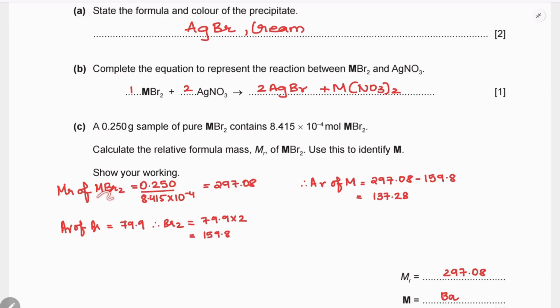We know the Mr of MBr2 and the Ar of Br, so we can subtract to get the M value: 297.08 minus 159.8 gives me 137.28. So Mr will be 297.08, which we have already got. Also, the M value around 137, if we see from the periodic table, is going to be barium. So that is a total of 3 marks for the question.